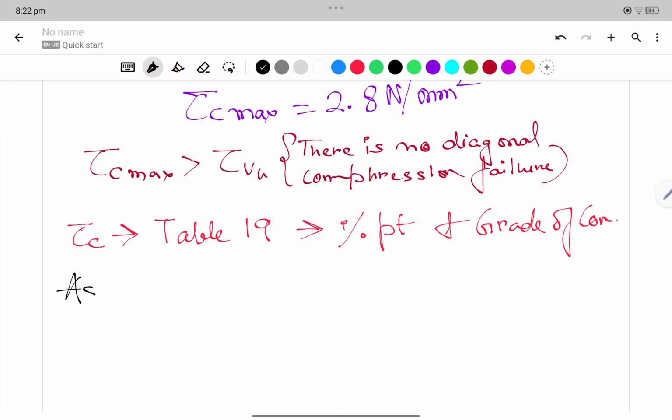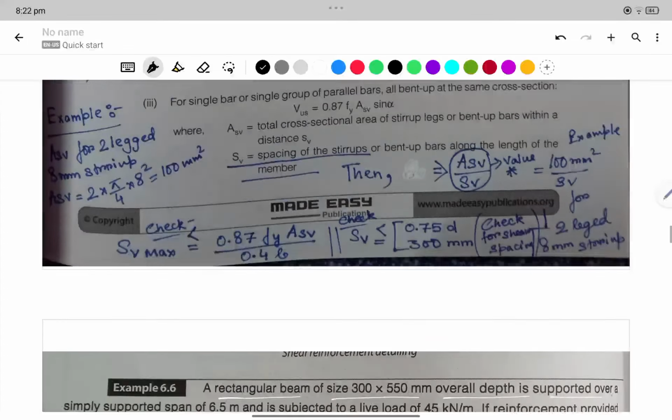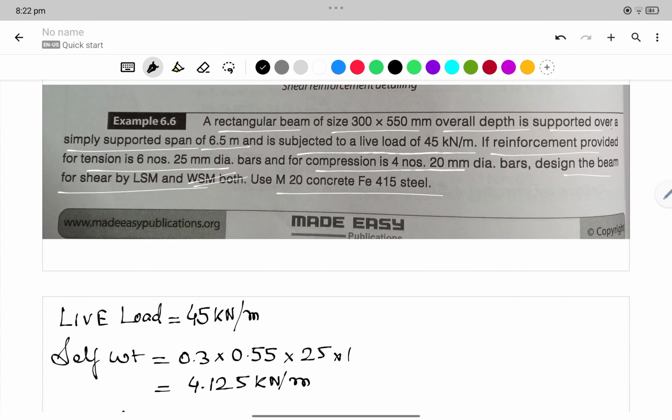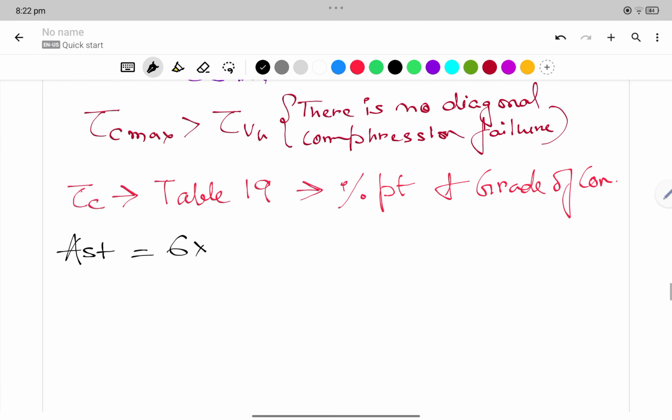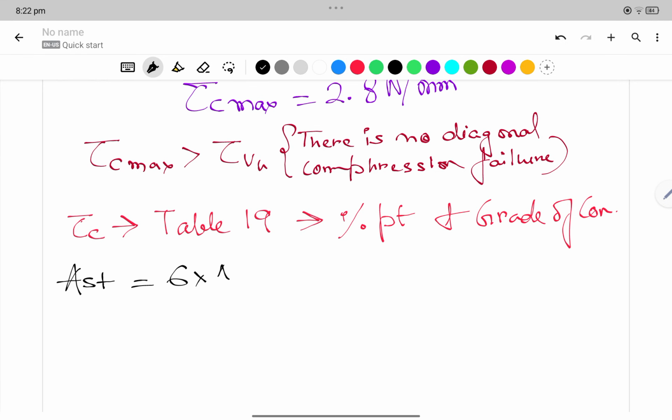Ast is the area of steel in the tension side. Six number of bars are given, 25 mm dia for tension. So 6 bars into pi by 4 d square, with 25 square.